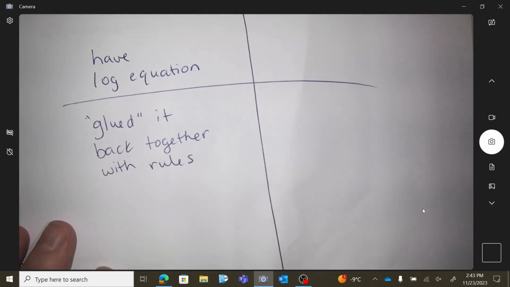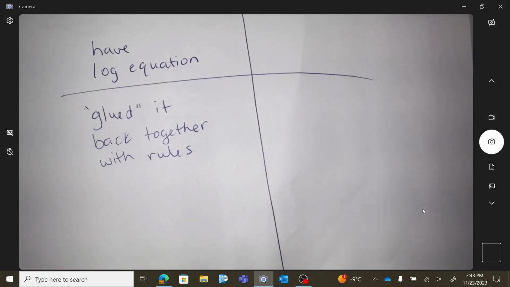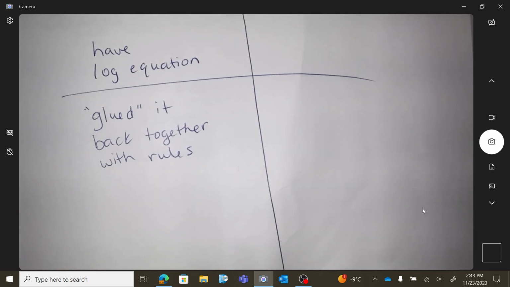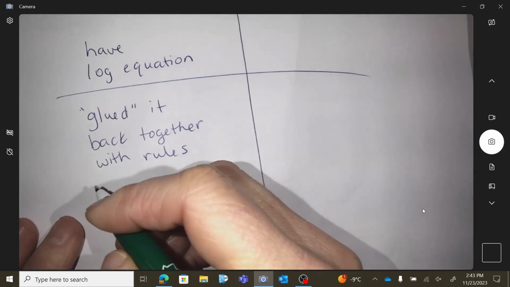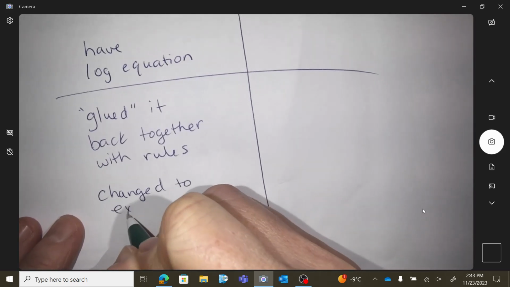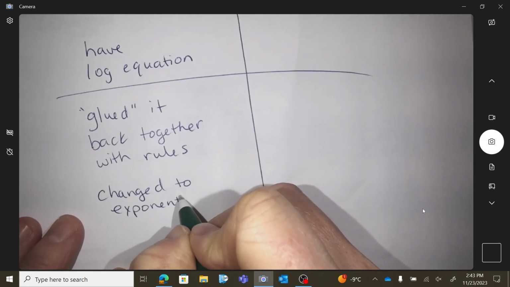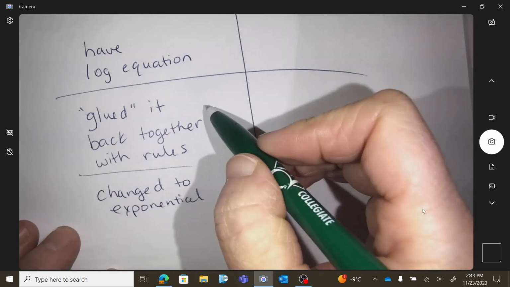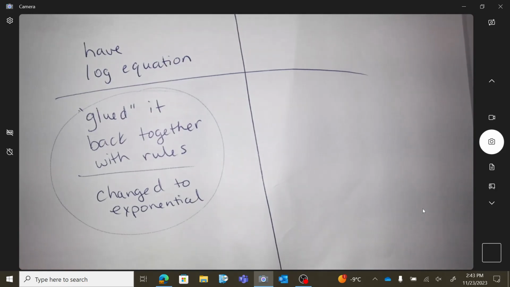We glued it back together with the rules, and then we changed to exponential. So that's what we did. Log equations, we glued it back with the rules, and then we changed it to exponential.